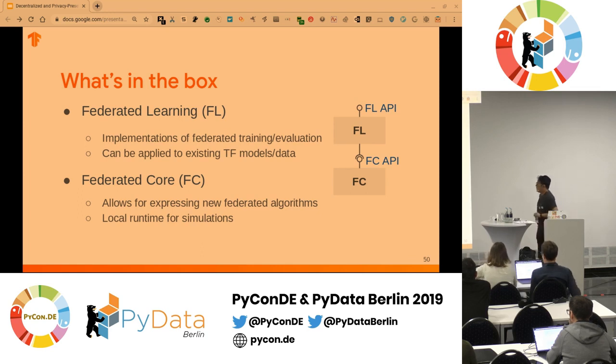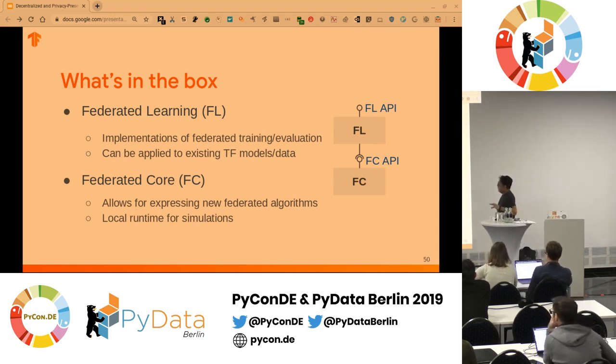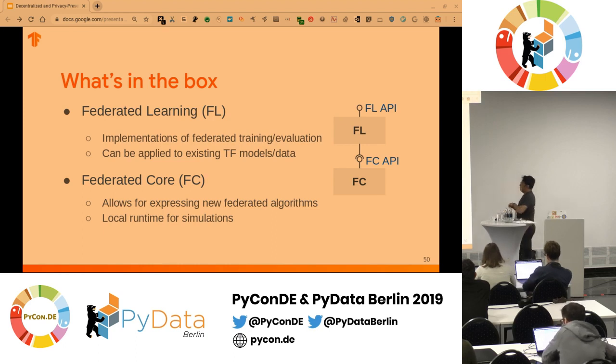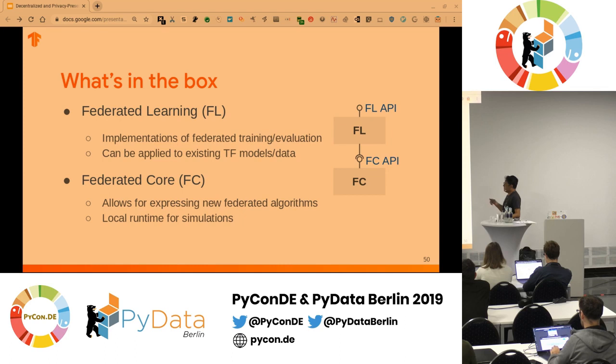So what's in the box, right? When you get TensorFlow Federated, what do you get? For the FL part, you get implementation of federated training and evaluation. I may not have talked about evaluation, but I think evaluation is an important step in learning, which is essentially when you run your models on test data and see how you're doing.